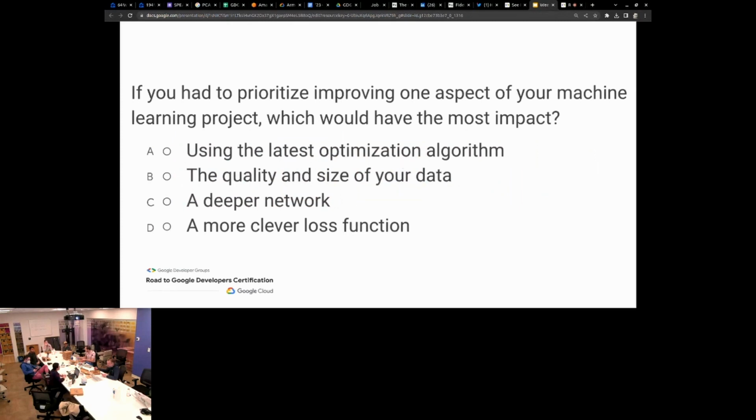Before we move on, I want to challenge you to think about this question for a minute. If you had to prioritize improving one aspect of your machine learning project, which would have the most impact? Using the latest optimization algorithm, the quality and the size of your data, a deeper neural network, a more clever loss function.